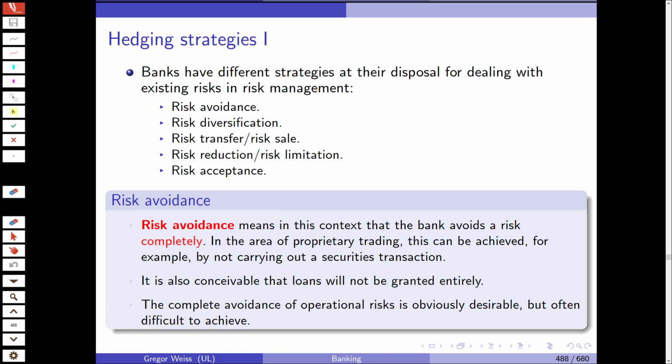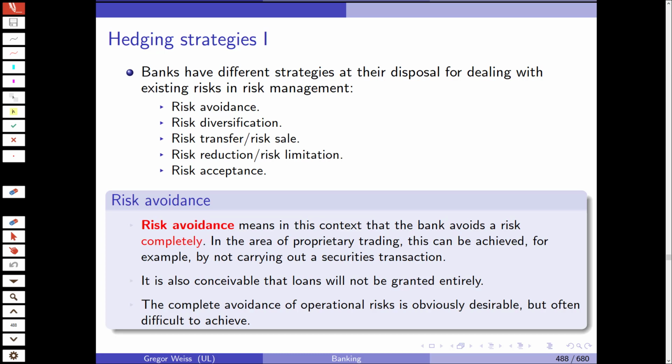So we'll start with a very general discussion of what you can basically do to avoid and to manage risk. The first thing you can do is risk avoidance, meaning that you don't take the risk in the first place.